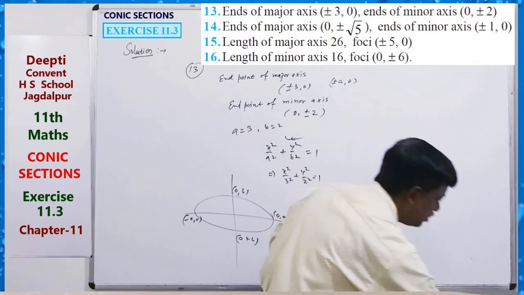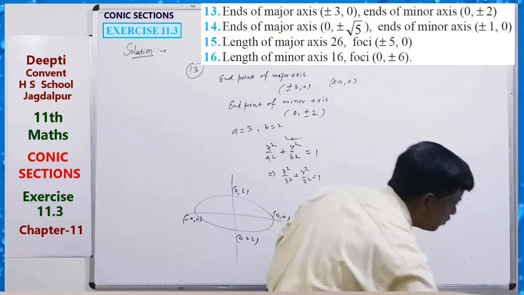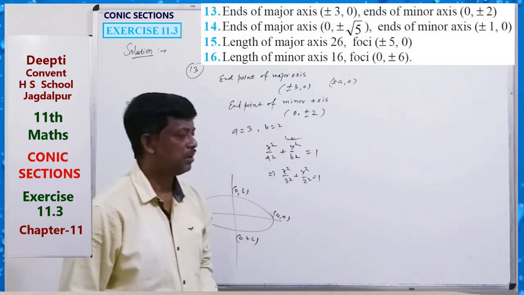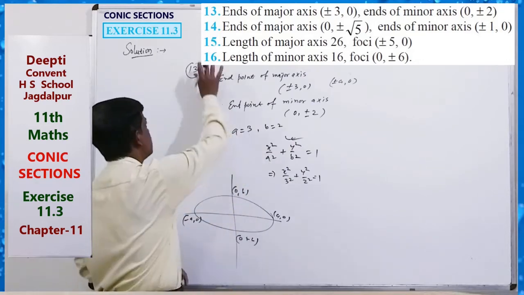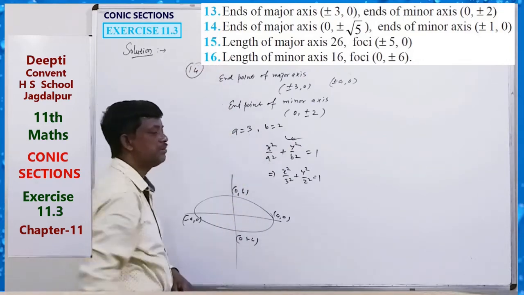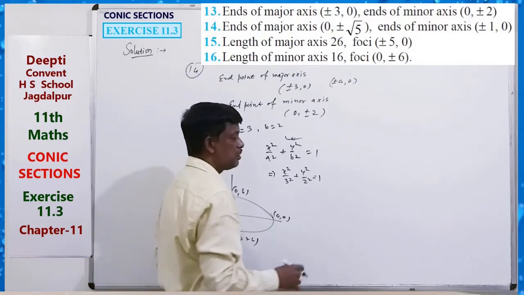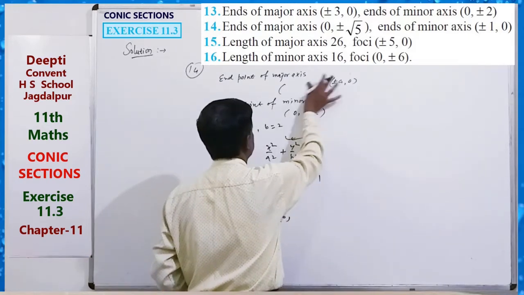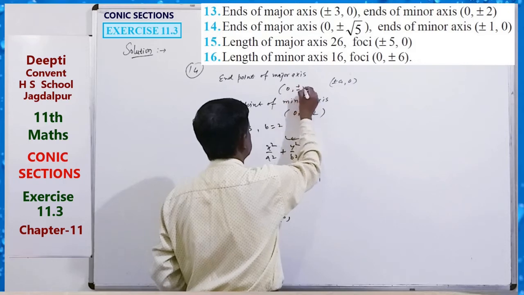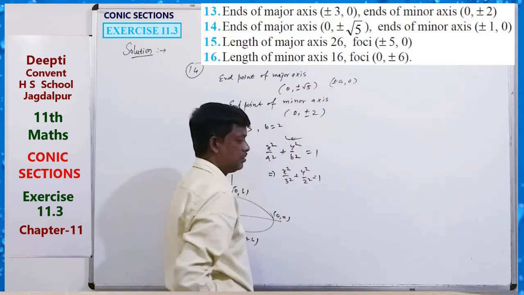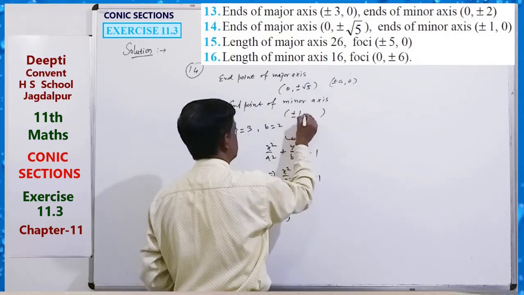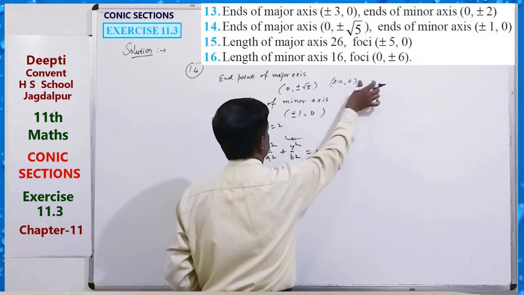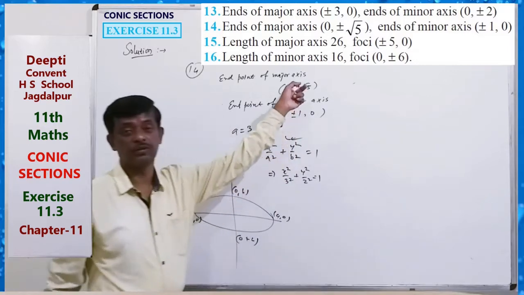Similarly, question 14. The equation of the ellipse satisfying the endpoints of the major axis and minor axis, just the same type of question. What is given? 0 plus minus root 5 and plus minus 1, 0. So the major axis lies on the y axis.